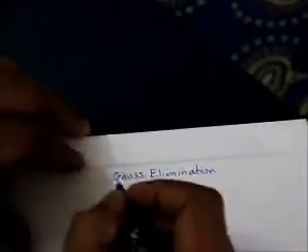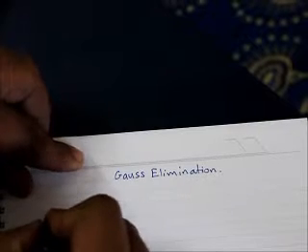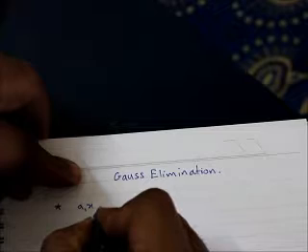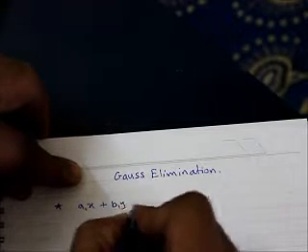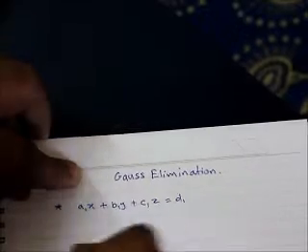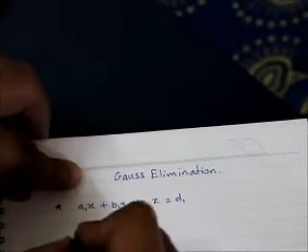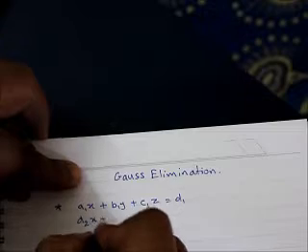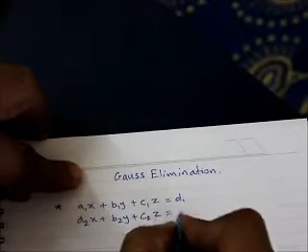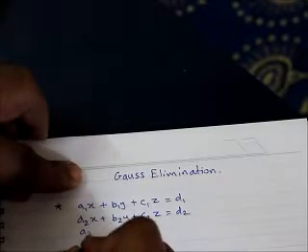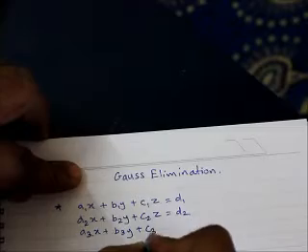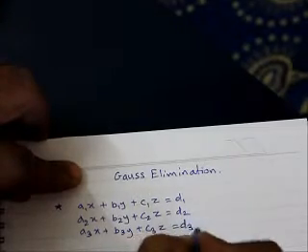Basically, you will have equations given in a format like this: a1x plus b1y plus c1z is equal to d1, a2x plus b2y plus c2z is equal to d2, a3x plus b3y plus c3z is equal to d3.